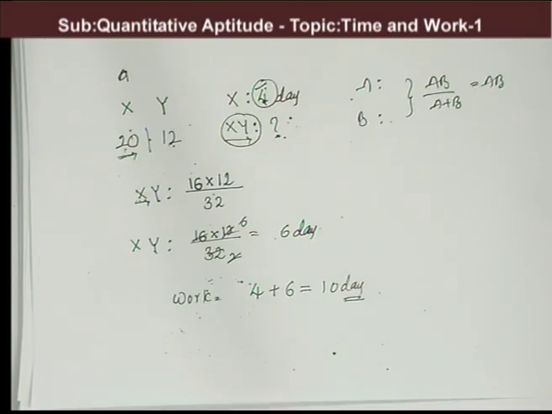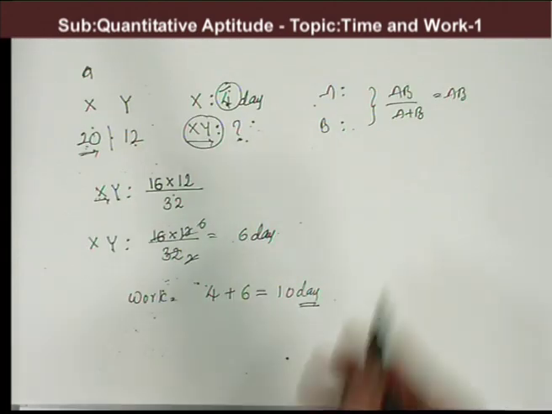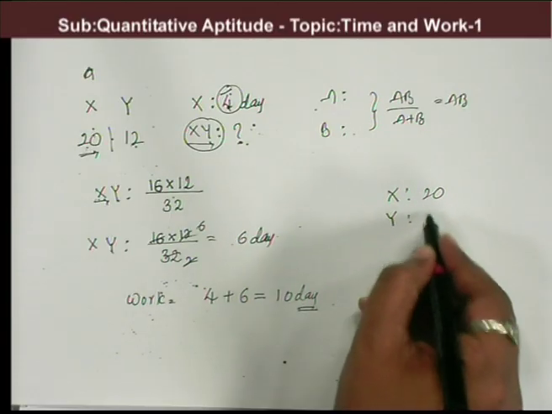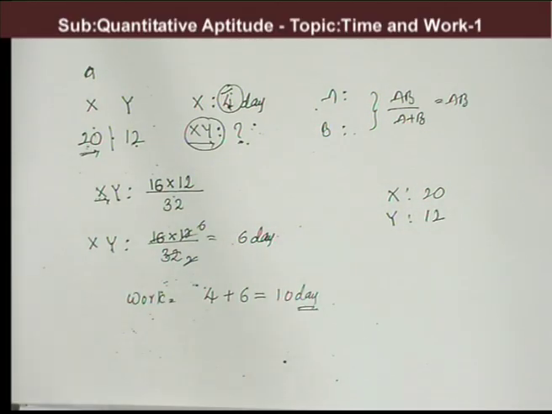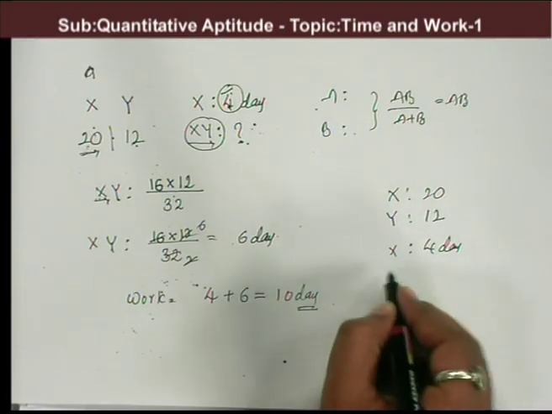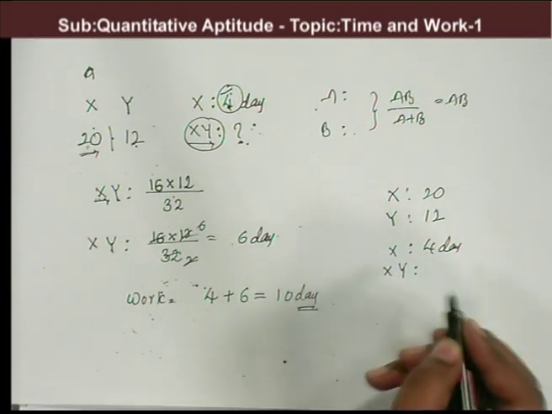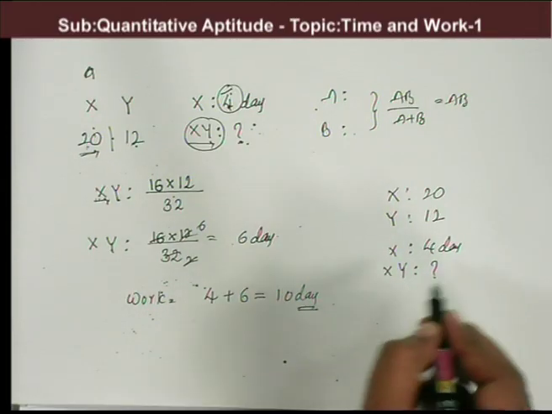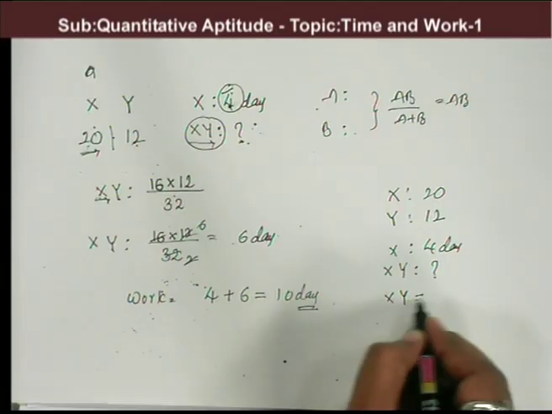That is a very, very simple question. So, in the examination hall, how do you think? That is, x is working 20 days, y is working 12 days. Now, x only began the work for 4 days, later x joins with the y. So, you have to find out the work of both x and y.